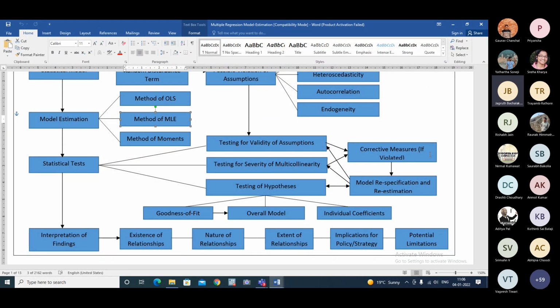If the assumptions are valid, we go for further analysis. If the assumptions are not valid, then we apply certain corrective measures, and for that we may need to redefine the model, and definitely the moment we redefine the model, we need to estimate the model again.